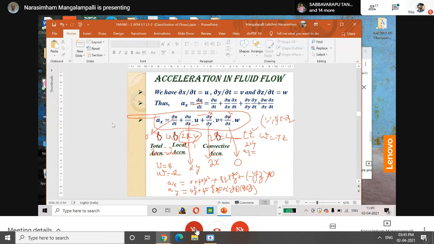Let me verify. 4 into 4 minus 2 into 8 into 2 into 2. 104. Eighteen, minus 18.